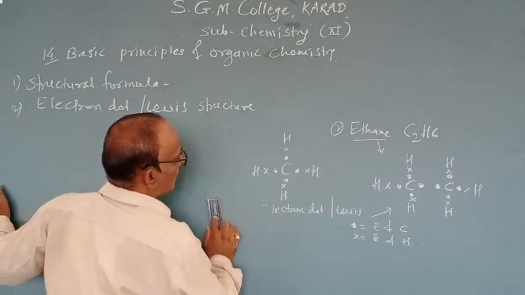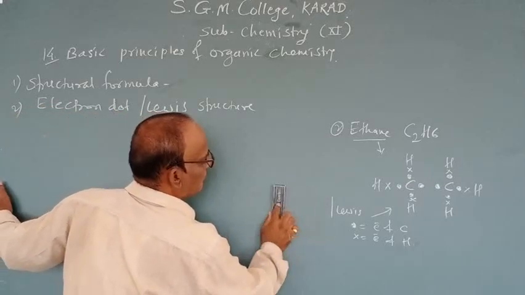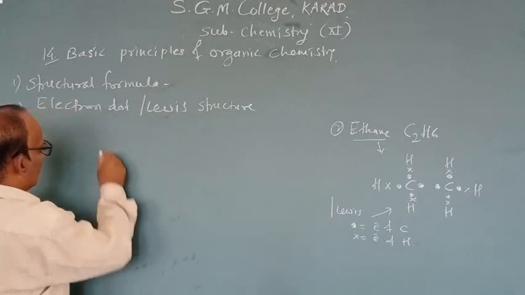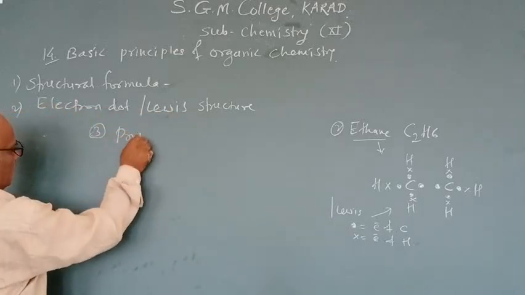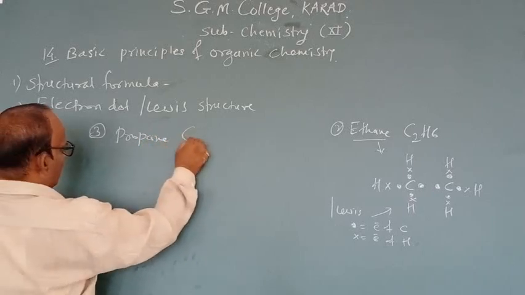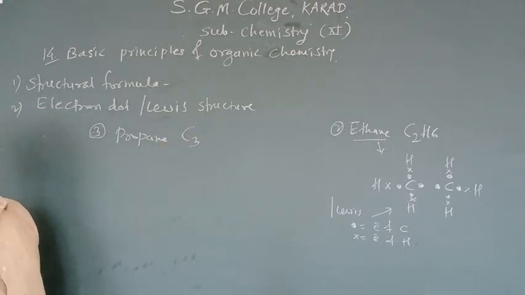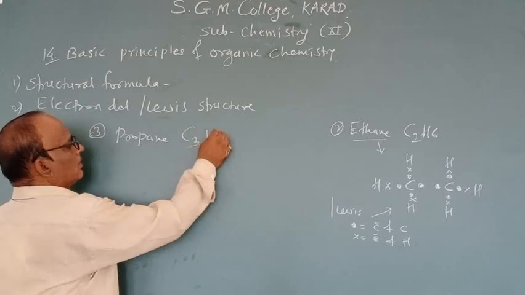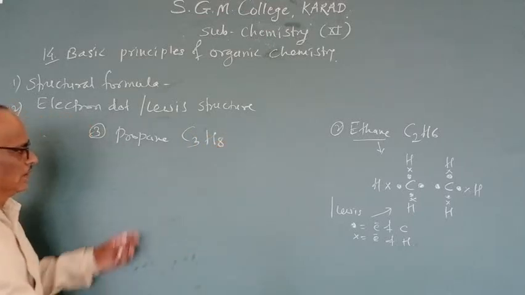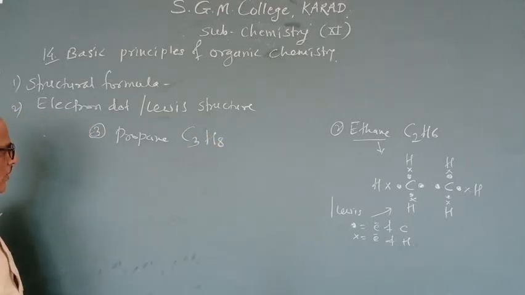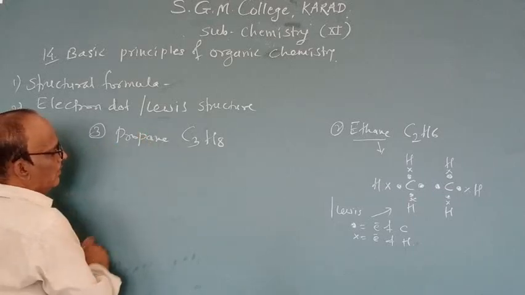Then we consider one more example, the next alkane, that is propane. In propane, what is the molecular formula? C3H8. 3 carbon atoms and 8 hydrogen atoms are present in propane.